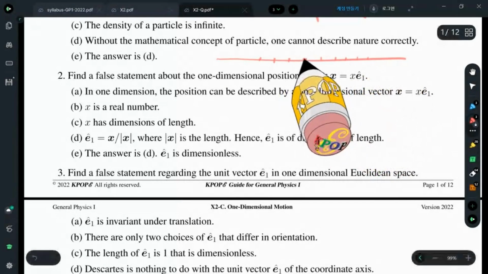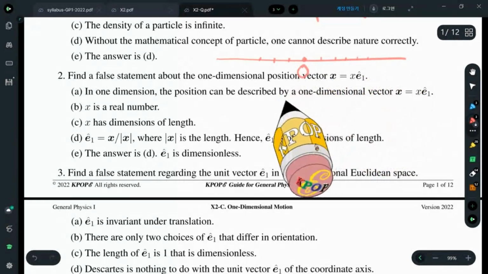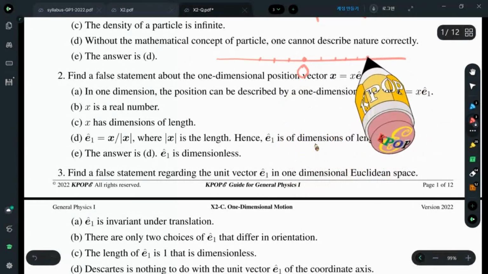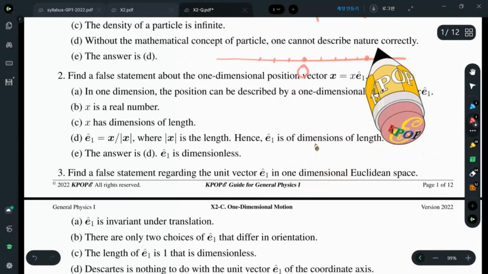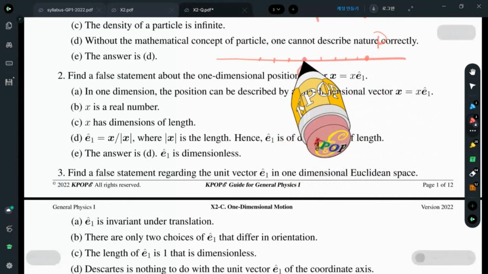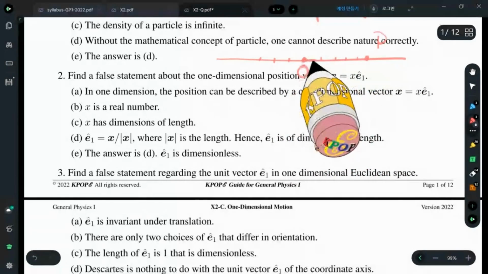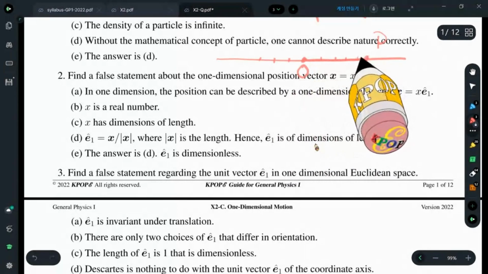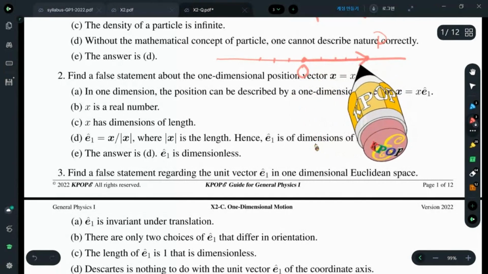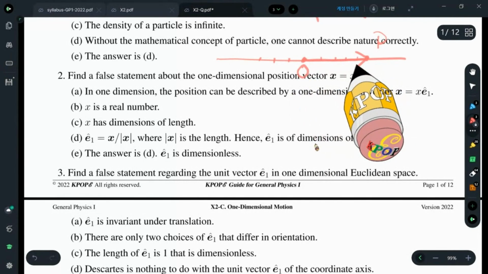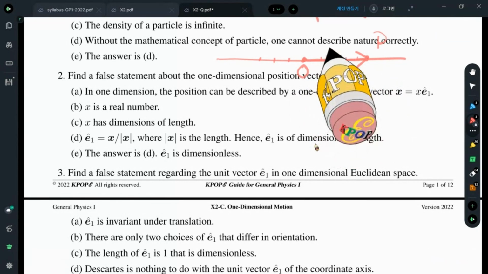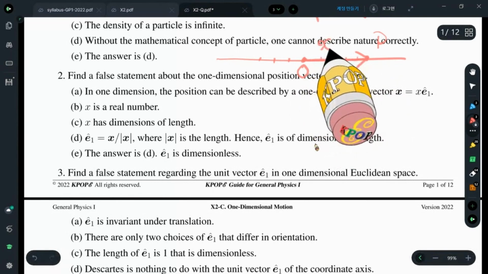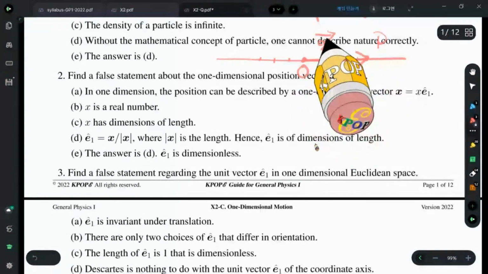So if we choose the reference point as the origin, then we can choose a point P and connect the origin and a given point. Draw an arrow, then we say this is a position vector x.